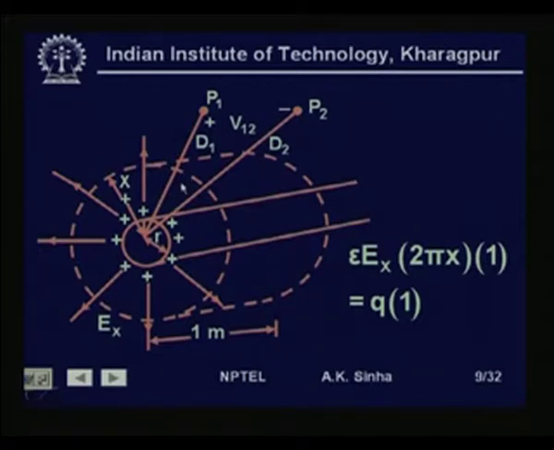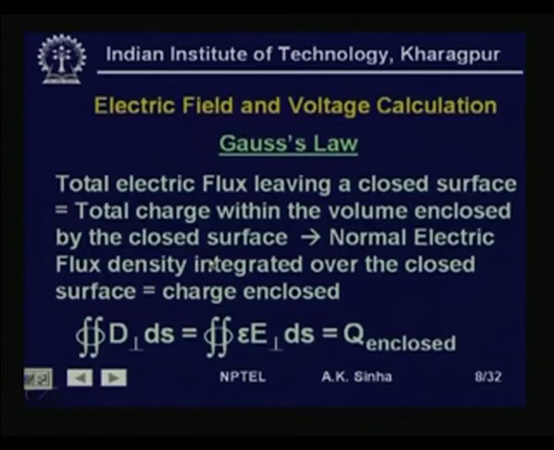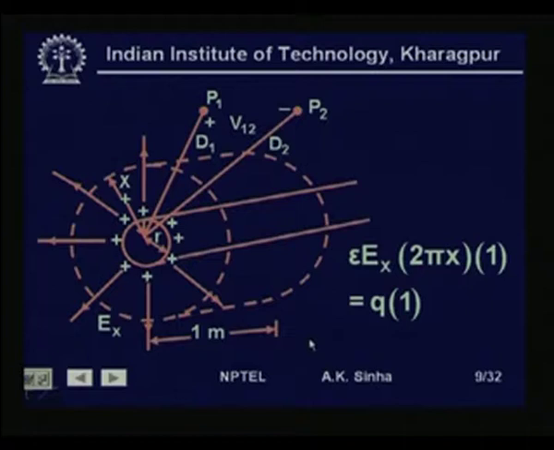Now, using Gauss's law, we will use the surface integration of epsilon E ds. So, epsilon Ex, that is the field strength at the surface of this concentric cylinder, integrated over this closed surface. The closed surface area is going to be equal to twice pi x into 1 meter length of this cylinder.